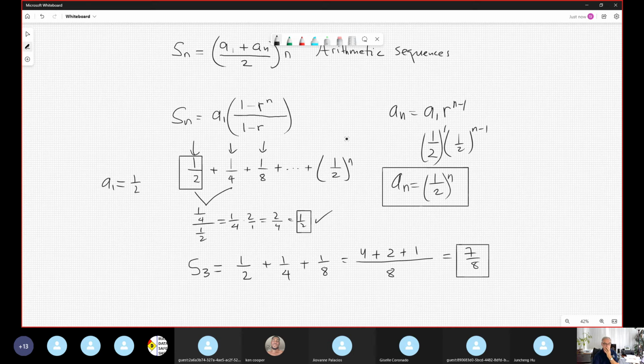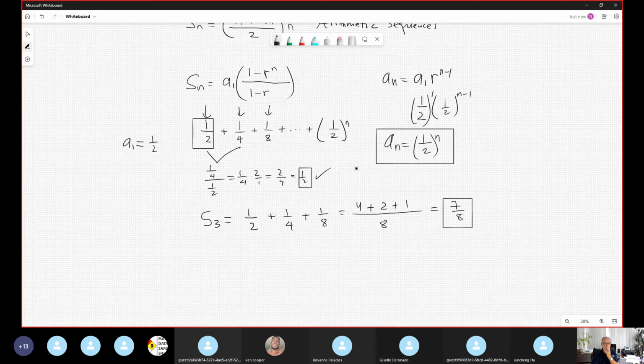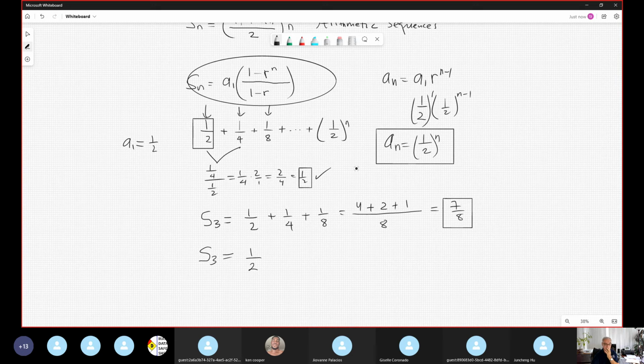Suppose that I want to use the formula. What formula? That formula. In that formula we have S sub 3, because n, I suppose, is 3. A1 is 1/2, multiplied by 1 minus 1/2, the common ratio, raised to the cubic power, divided by 1 minus 1/2.